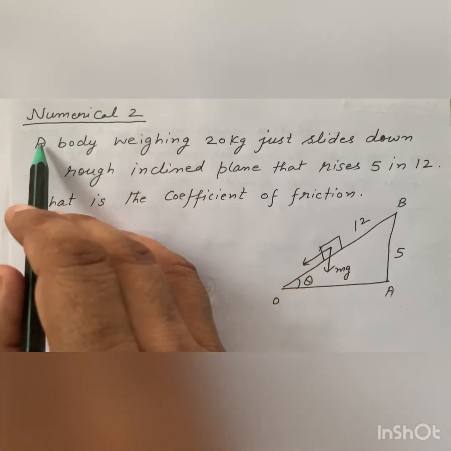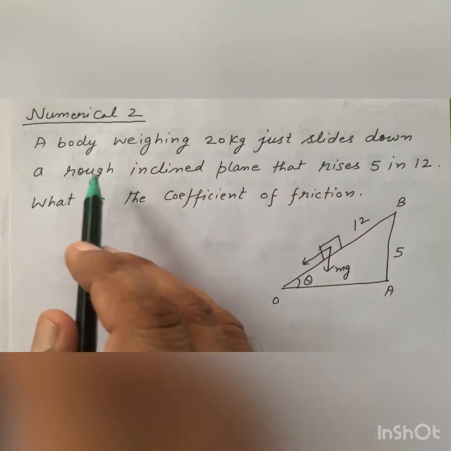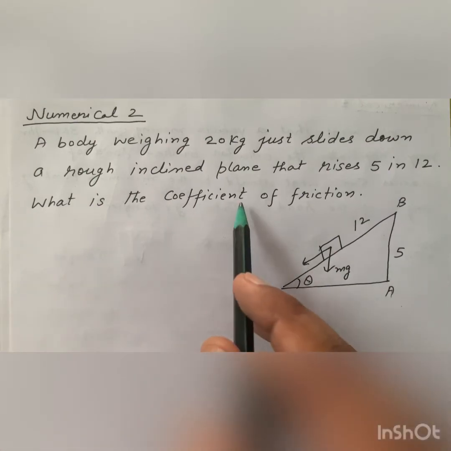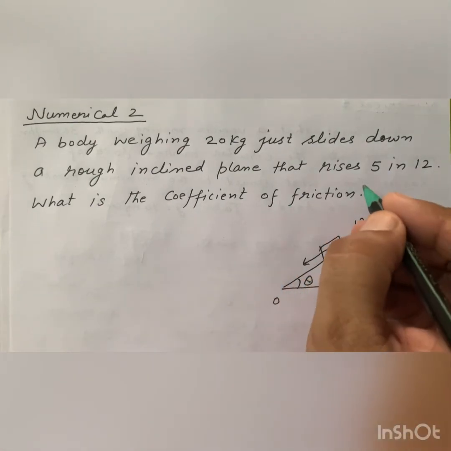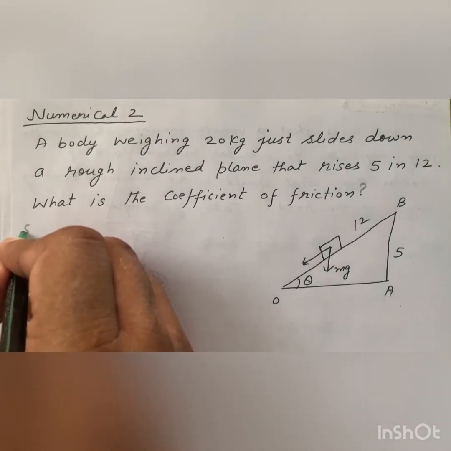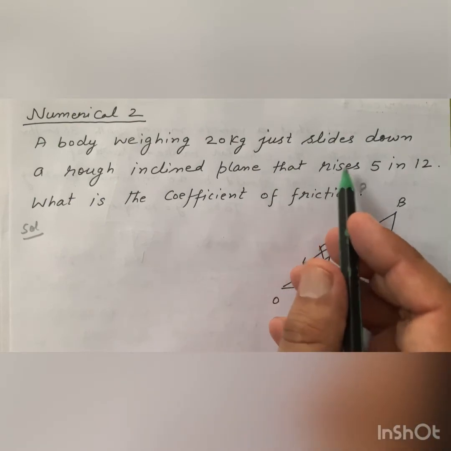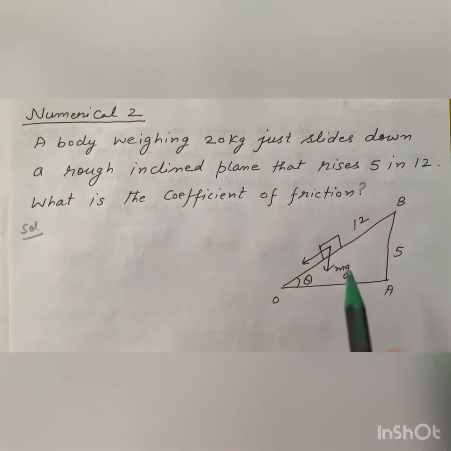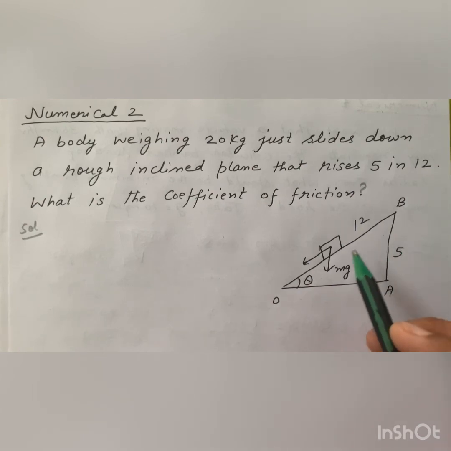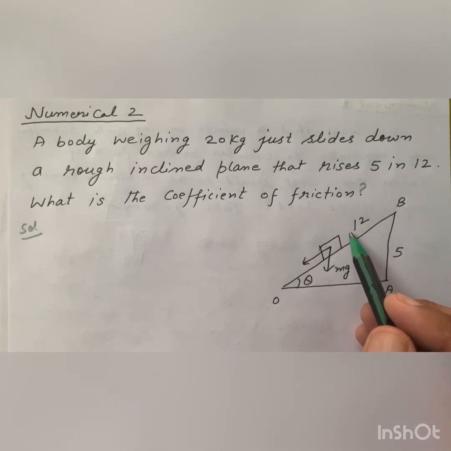Numerical 2. A body weighing 20 kg just slides down a rough inclined plane that rises 5 in 12. What is the coefficient of friction? Solution. Here the plane rises 5 in 12, meaning here its perpendicular is 5 and here hypotenuse is 12.